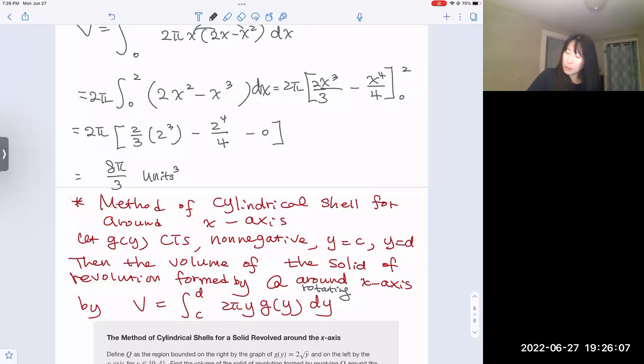So x-axis means generating the thickness. All right, this means we integrate with respect to y.